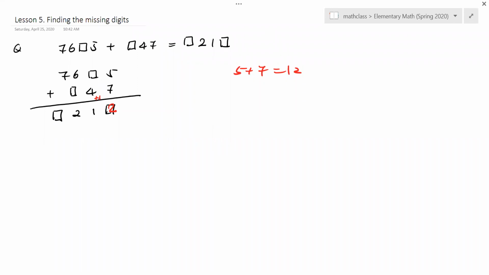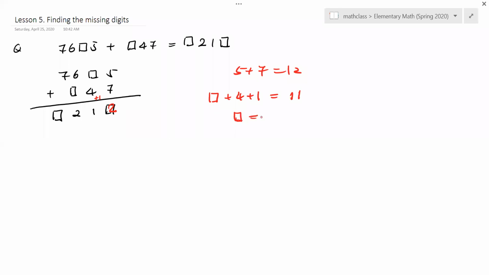Then look at the second column. There's this unknown number plus 4 plus 1 cannot be just 1. Definitely it's 11. So what is that number? That number must be equal to 6.